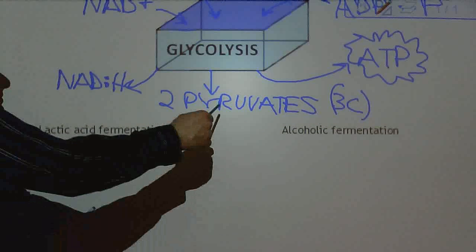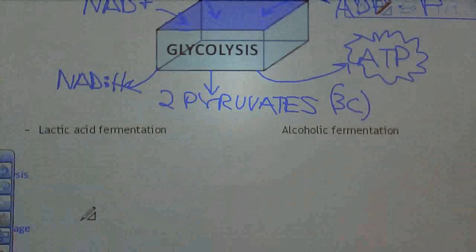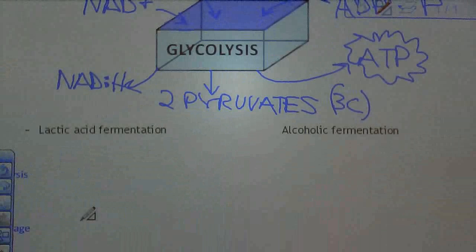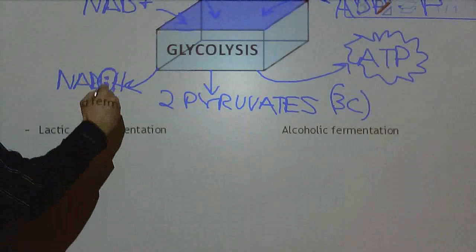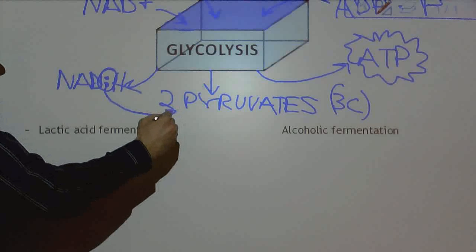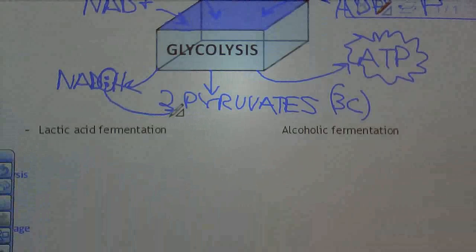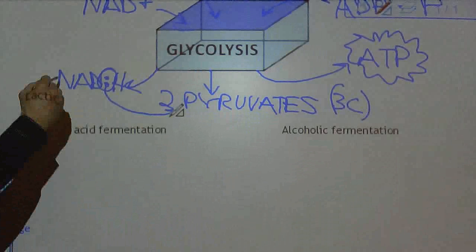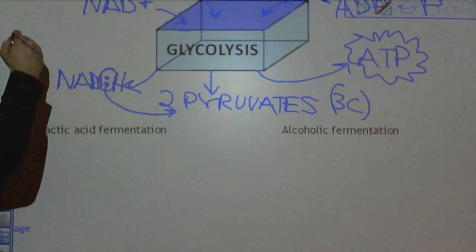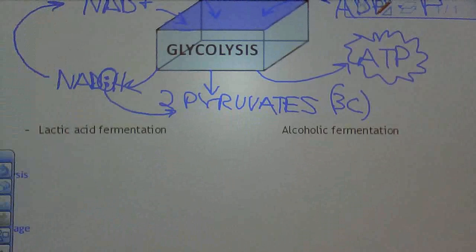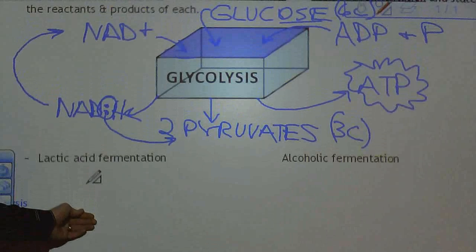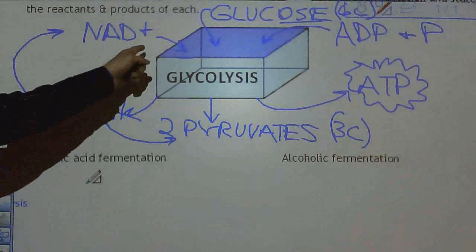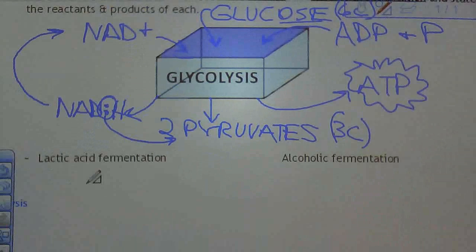The pyruvates are going to go in and actually become other things that we're not going to talk about. But what happens is these electrons right here get donated to the pyruvates during fermentation. So this is going to get sent back to glycolysis as NAD+. Again, glycolysis is using NAD+ to make its energy, ATP.